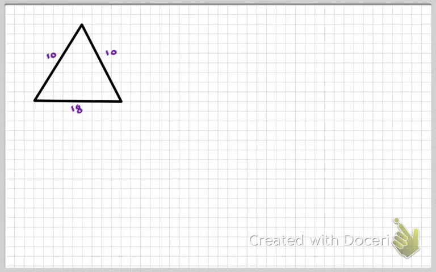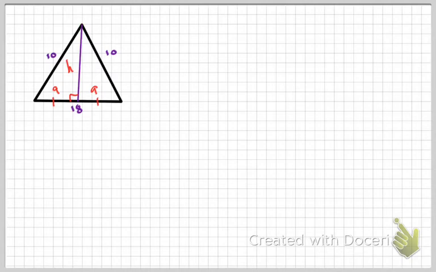If I were to draw in my altitude, I know it's perpendicular, and I know it cuts the base in half. So I know that this would be 9, and this would be 9 here. Now, a common question that you see a lot is, what is the height of this triangle, or what's the distance of the altitude? And so that would be this distance right here.